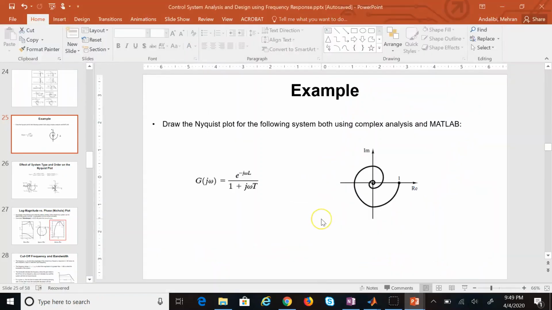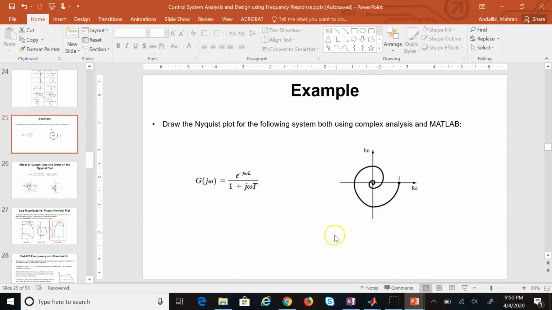Now, let's do one example of a Nyquist plot and solve it first by basically doing it on paper. We can do it in MATLAB too if we want to, but I would rather first just show you by hand instead of with MATLAB.